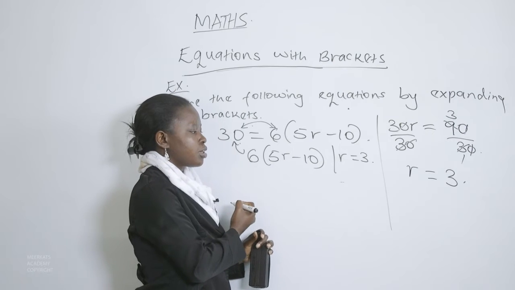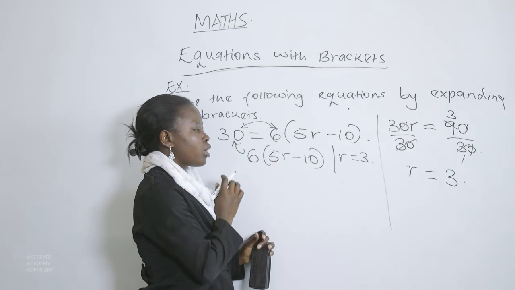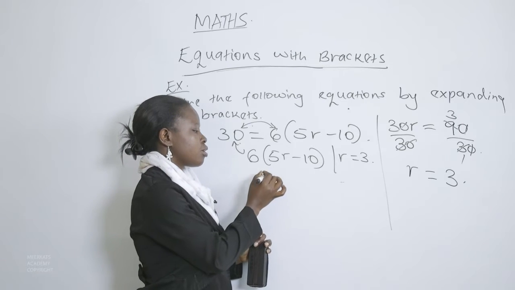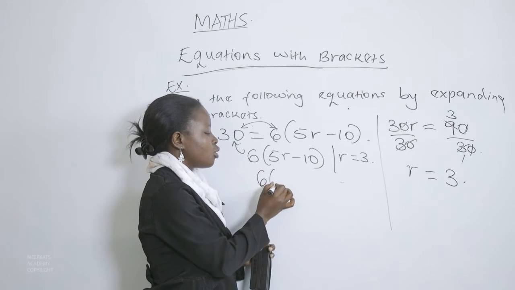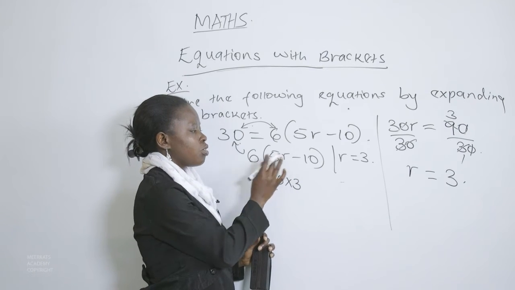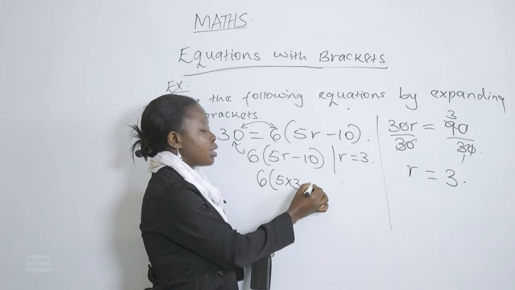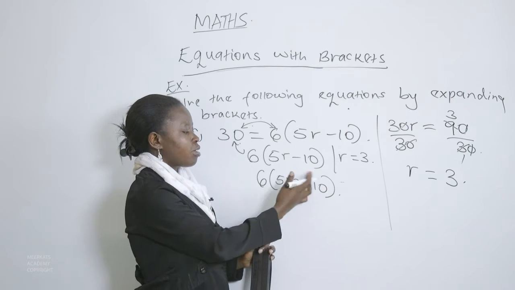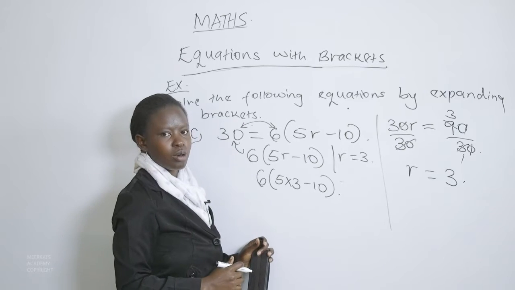So r being 3, where I have r, I'm substituting it with 3. So we will have 6 into 5 multiplied by 3, which was the value of our r, minus 10. We want to find out, will this expression give us 30 or not?